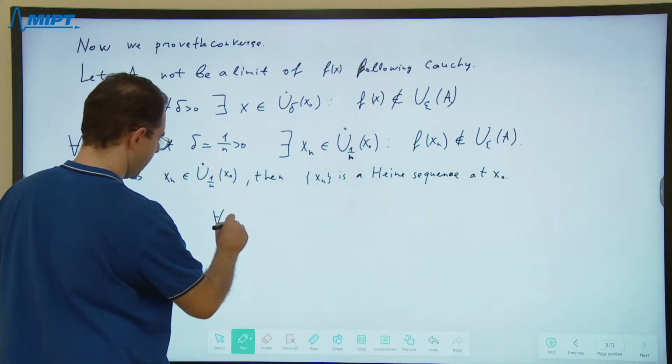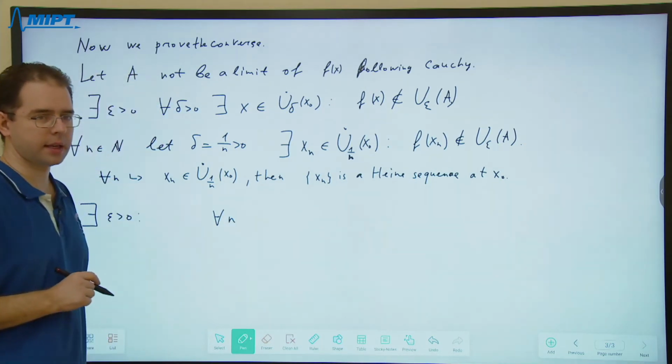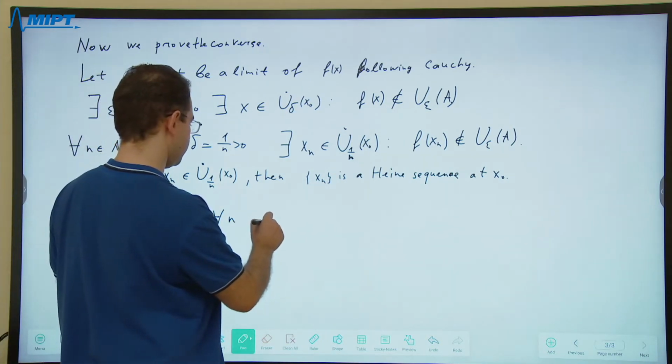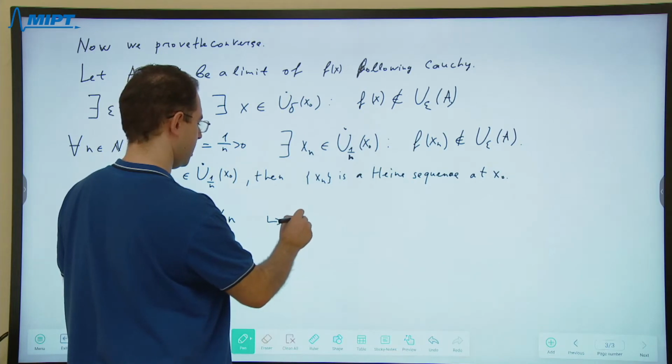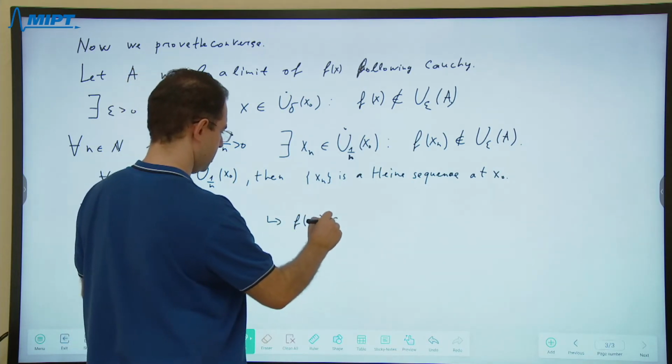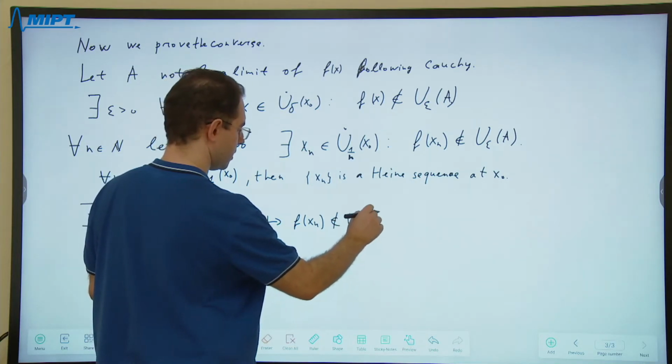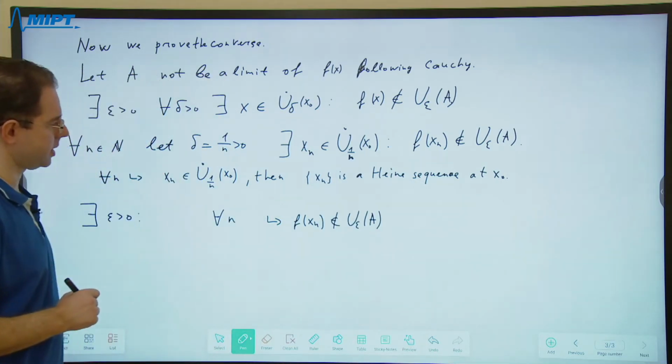For any n at all, it follows that f of xn is not from epsilon neighborhood of A.